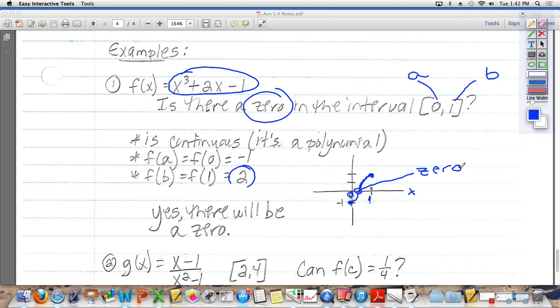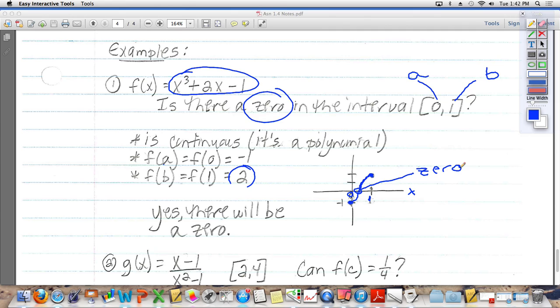Our second y value was a +2. The only way that I can go from a -1 over here to a +2 is if I cross over 0. So I know there has to be a 0. So yes, there will be a 0. That's what the intermediate value theorem tells us.